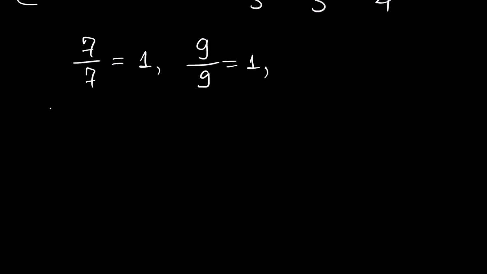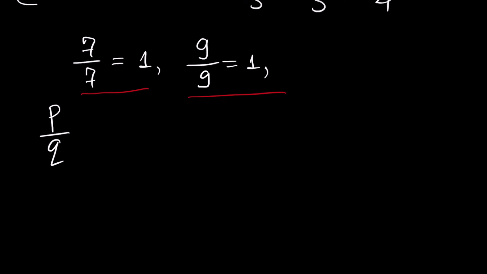In the general case, when we have p over q, we have to divide p by the number q.